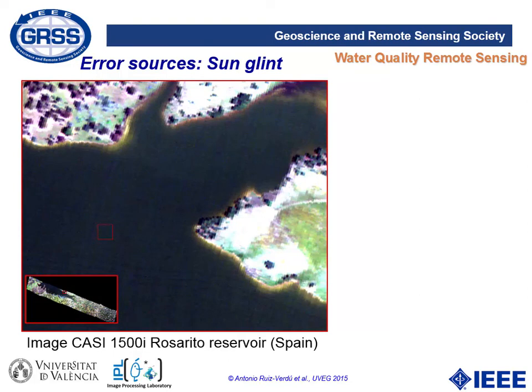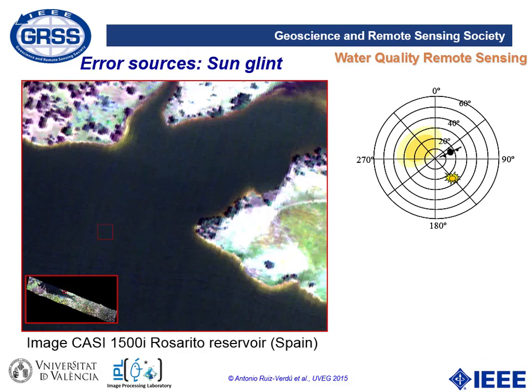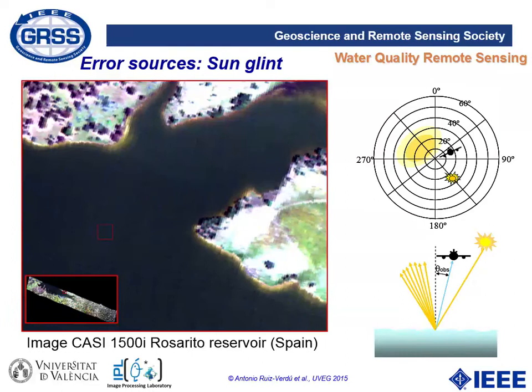In this case, you see this part of the lake in which the signal from water is quite dark, and this is the polar diagram for expressing where the zenith and azimuth angles are with respect to the sun. So here we are observing in this part, let's say on the same side as the sun, and we don't receive almost any glint.